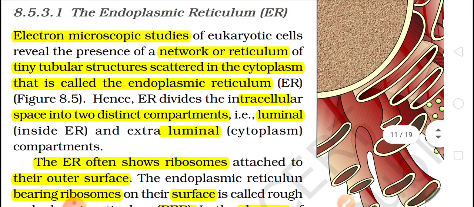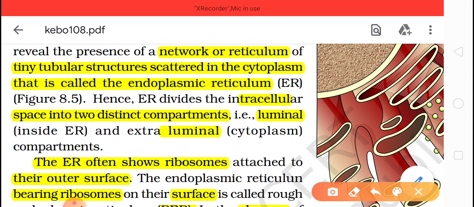Endoplasmic reticulum was discovered by K.R. Porter with the help of an electron microscope. The endoplasmic reticulum is a network of tiny tubular structures scattered in the cytoplasm.